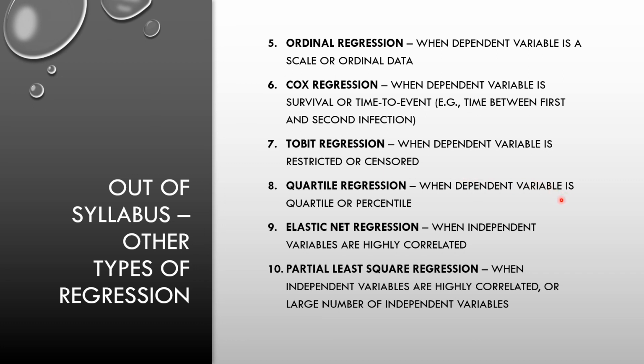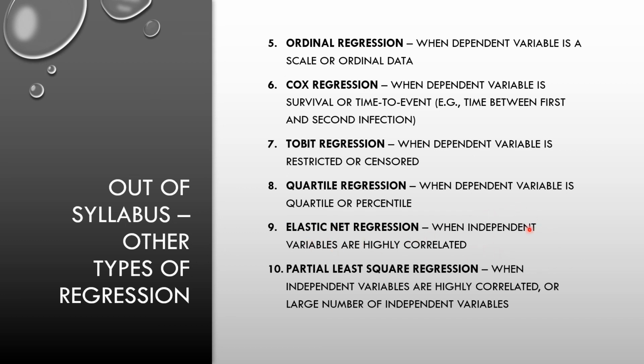Quantile regression is when the dependent variable you are trying to predict is a quartile, first, second, third quartile, or percentile. It's a bit similar to ordinal regression, but the scale is a bit more rigid. Elastic net regression is when the independent variables are highly correlated.